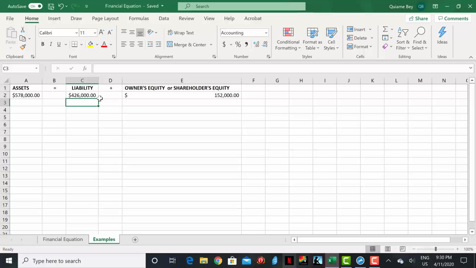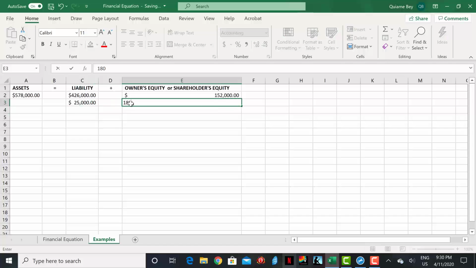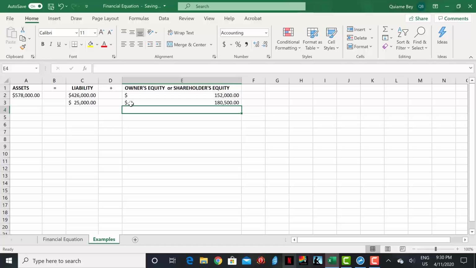Silver Supplies Inc.'s liability has been estimated to be $25,000. Their stockholders' equity is currently valued at $180,500. How much are Silver Supplies Inc.'s total assets?